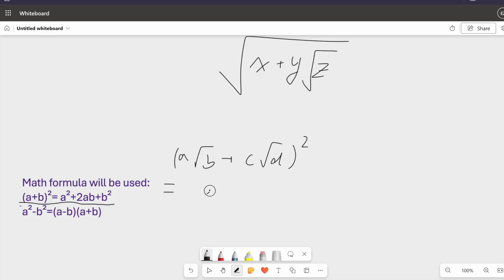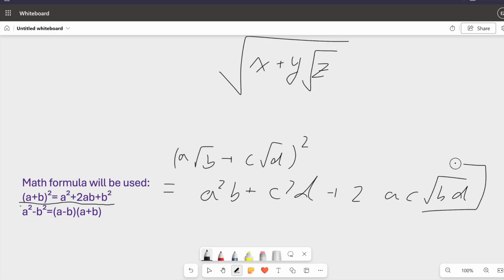Eventually, we'll receive something like a squared b plus c squared d plus 2ac square root of b times d, which here produces a square root.